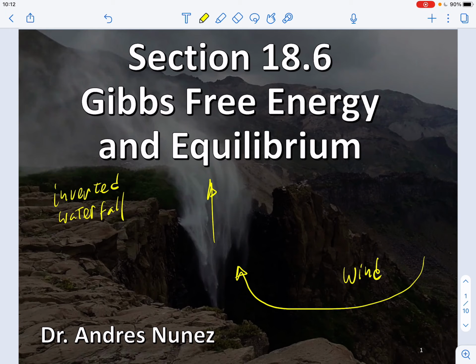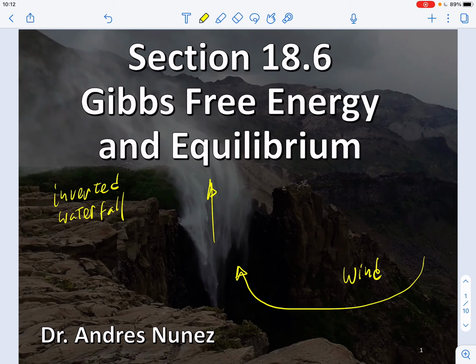So does the water flow upwards spontaneously? No, it doesn't. It will flow downwards spontaneously. Can it go upwards? Well, you have to provide some sort of intervention for that to happen. In this case, the wind is providing that intervention, and then you see water flowing in the opposite direction.